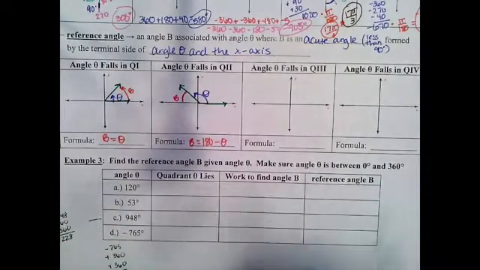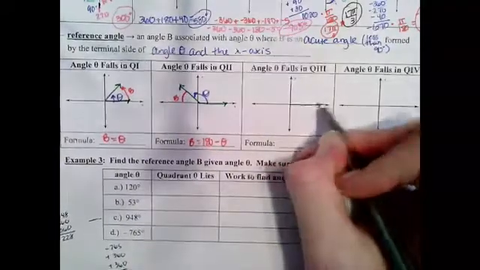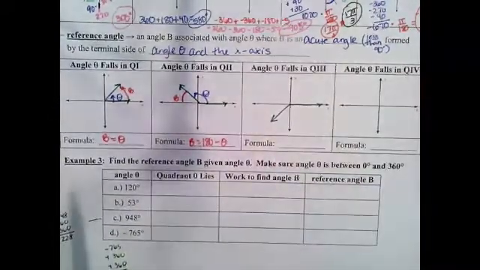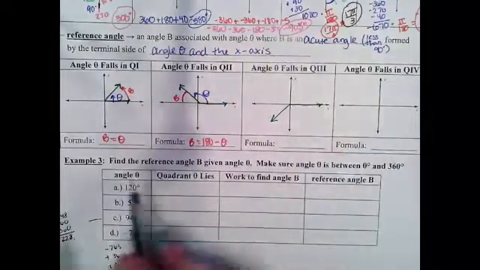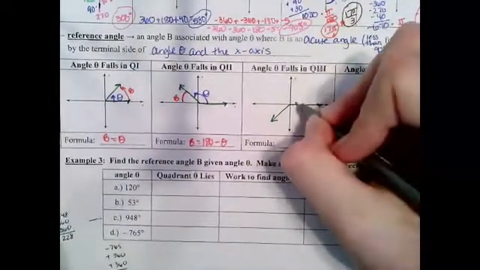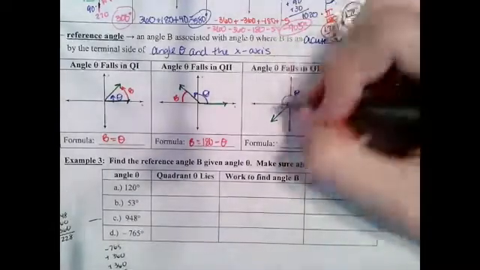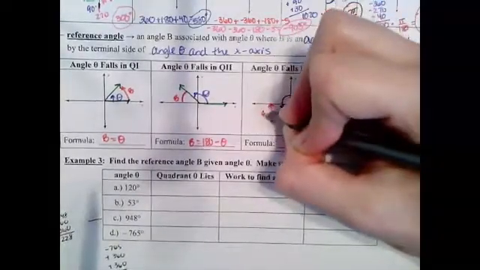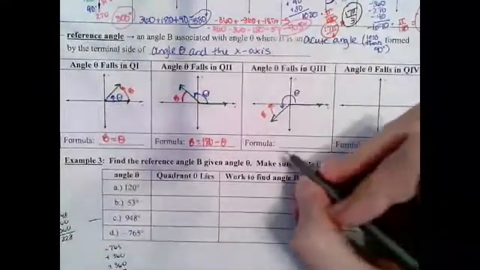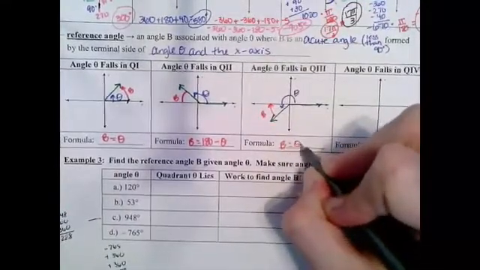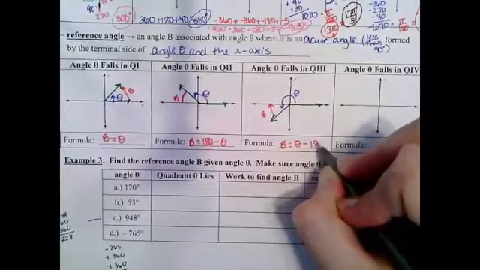If the angle falls in quadrant 3, so like this, okay? This is beyond 180 now, so here's your angle theta. Beyond 180, this little bit here to here would be your B. So this time I want to do theta minus 180.